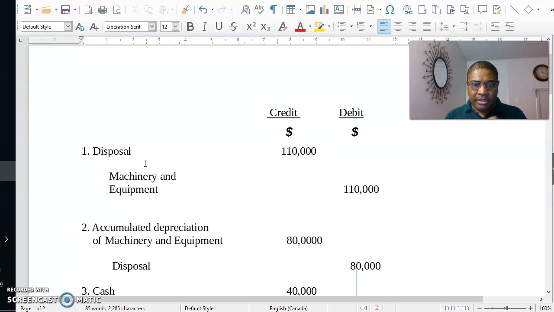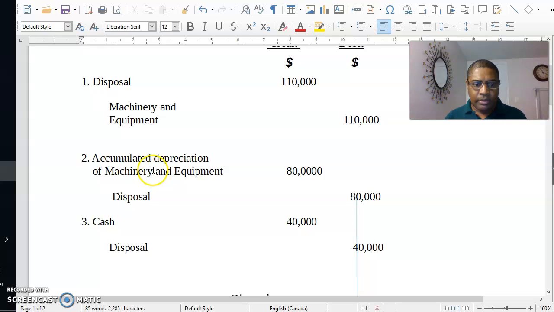You're deducting from the machinery account the original value. So you're removing that value from the machinery account to indicate that the machine is sold or disposed of. Okay?